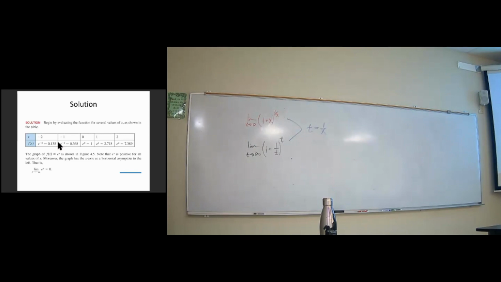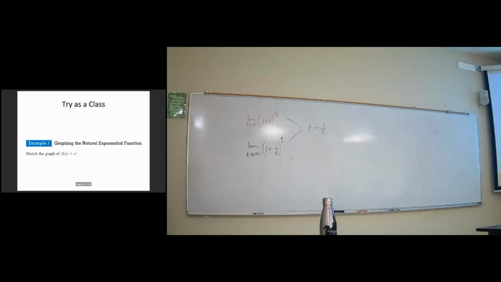And just to give y'all an idea of what E is, it's approximately 2.718. Now, another question about this. Looking at this, can you all see why it might be useful?